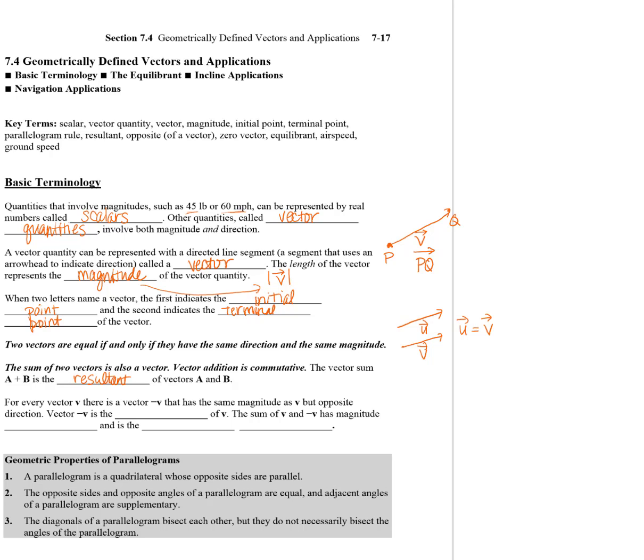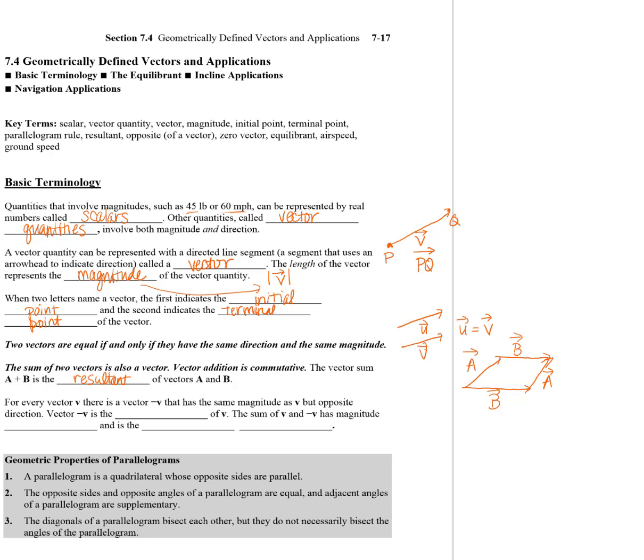If we have vector A, it looks like this, and then vector B, the sum is commutative. So we could add A, and then I could take B and bring it up here. And then I could put another A over here.